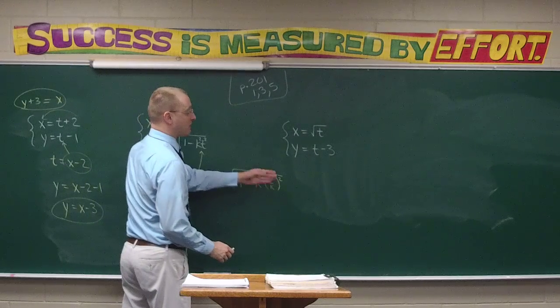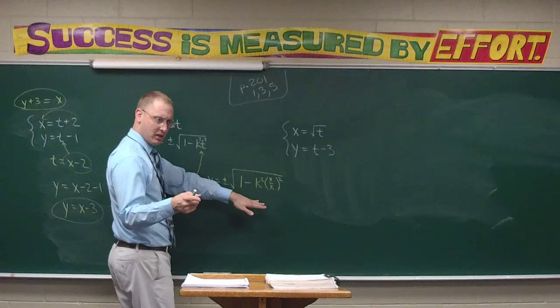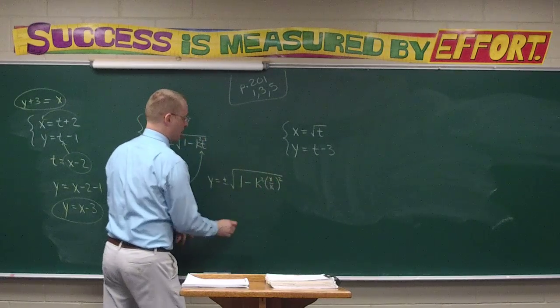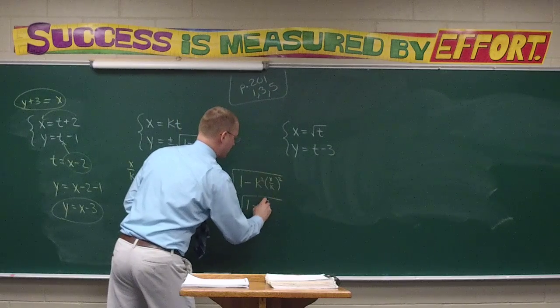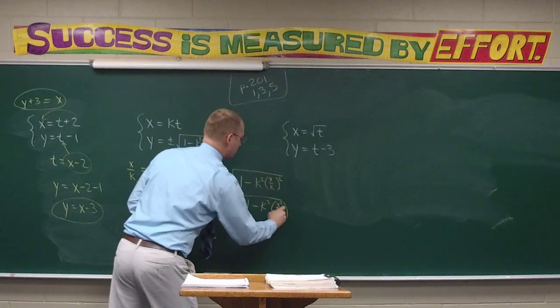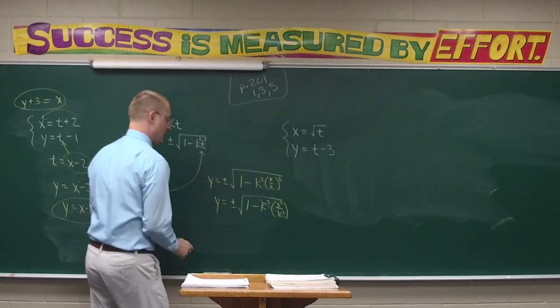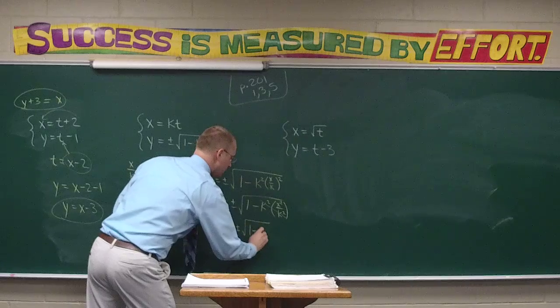Well, good, because this becomes x squared over k squared. Or did you say x squared over k squared, or x over k squared? Yeah, I said x over k squared. X over k squared, which becomes, of course, 1 minus k squared times x squared over k squared. And then you said we're going to cancel the k squared. We get y equals positive negative square root of 1 minus x squared.